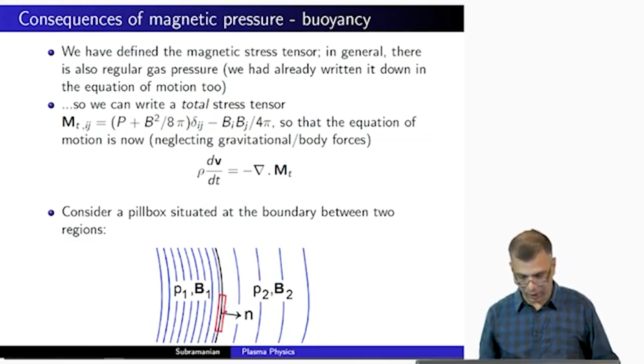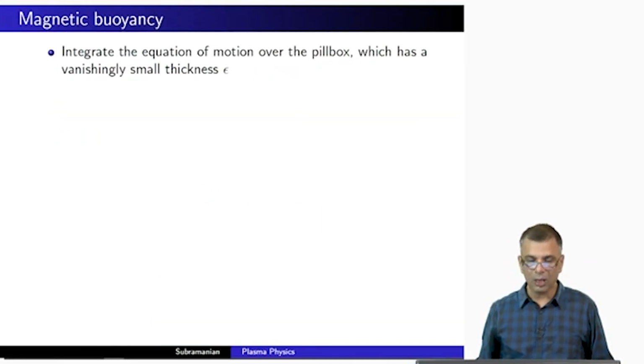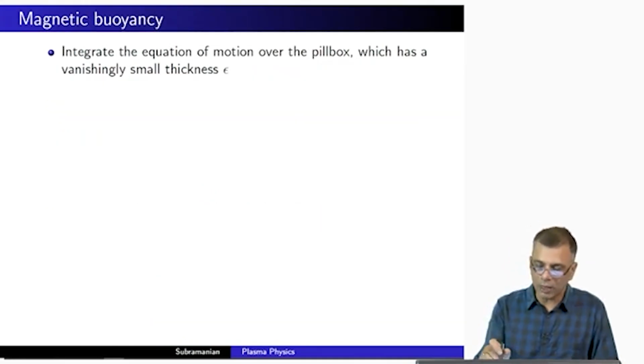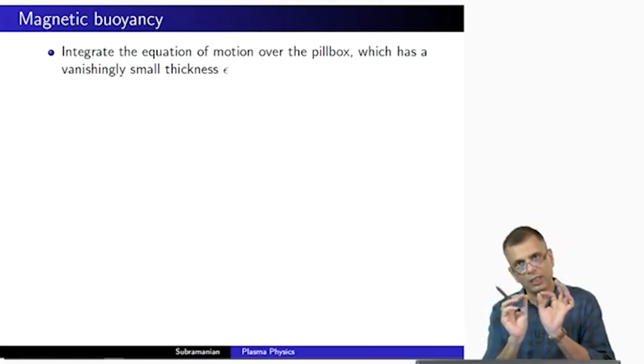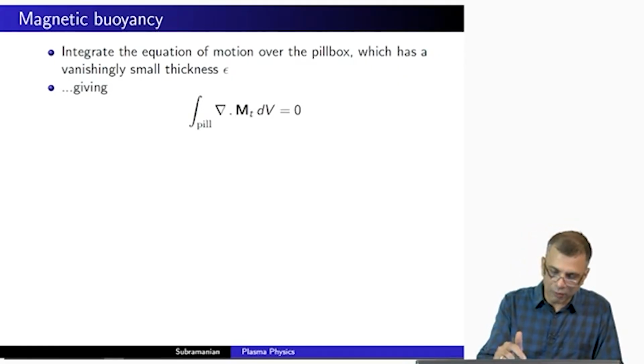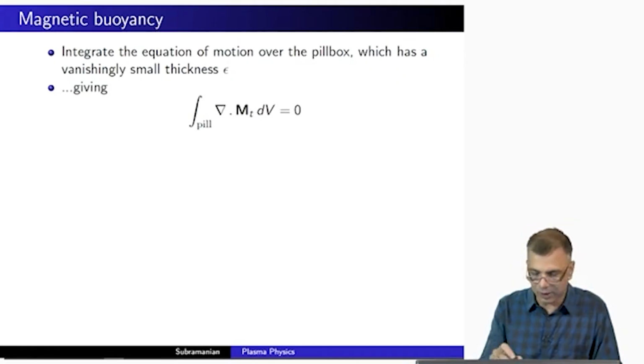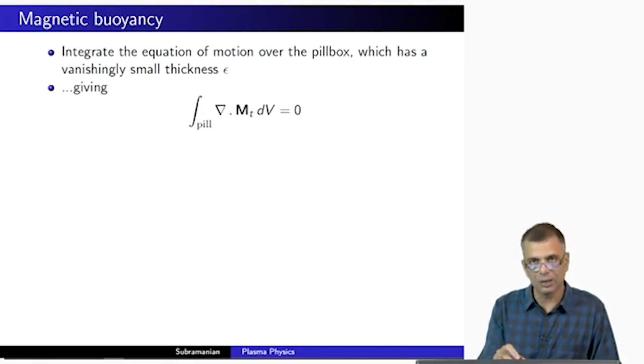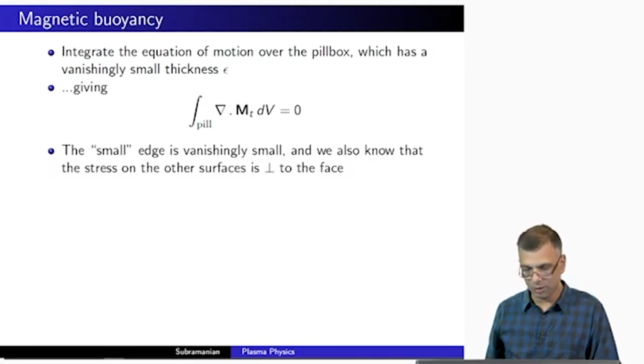So integrate the equation of motion over the little pillbox, which has a vanishingly small thickness. If you integrate, this is essentially f dot ds by the divergence theorem. You integrate this over the pillbox, and that has to be 0.